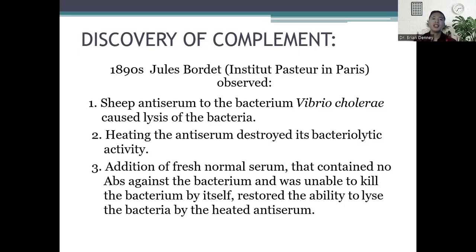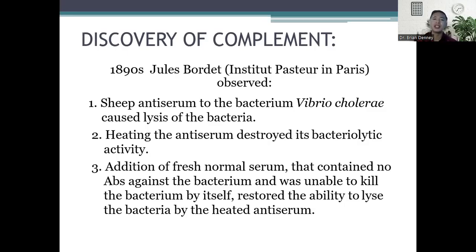Being a curious scientist, Jules Bordet did further treatment to his experiment. The original mixture containing the anti-serum plus the Vibrio cholerae, he heated, and no lysis was found. So he added another volume of fresh anti-serum, containing again antibodies able to kill the Vibrio cholerae.